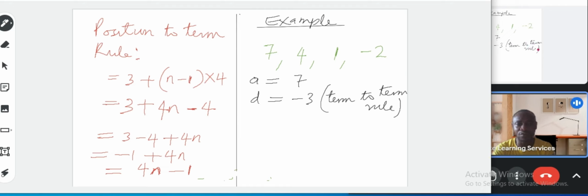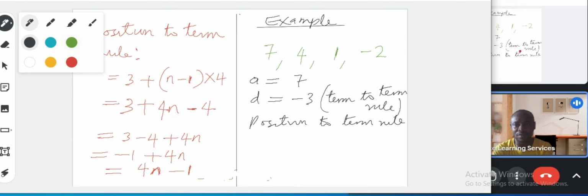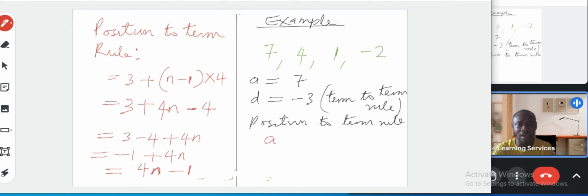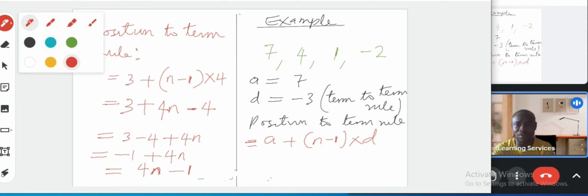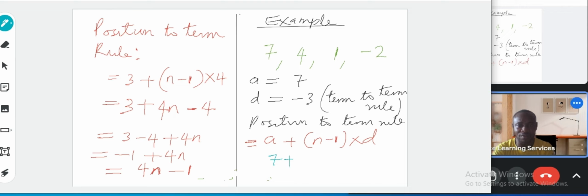Now, to find the position to term rule, you remember what we do? The formula is A plus, open a bracket, n minus 1, times D. So let's go. Put those values again. 7 plus, open a bracket, n minus 1, times minus 3.